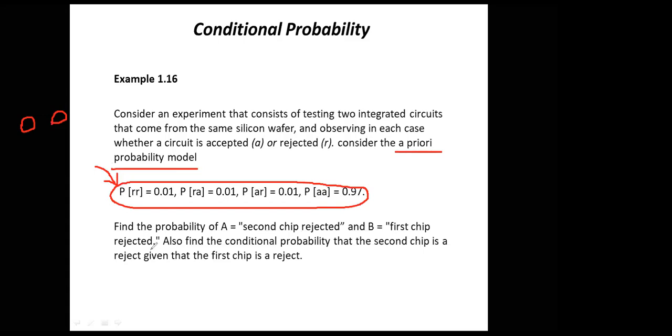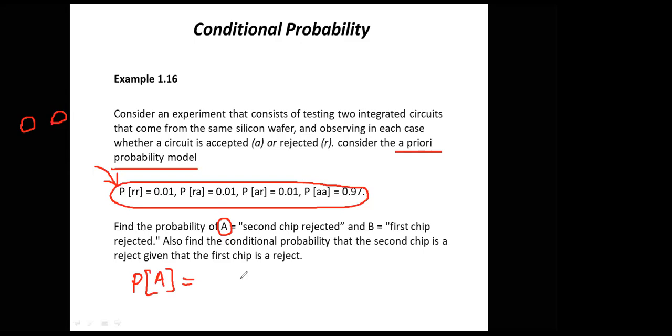But we are having some extra event, like event A, which tells us the second chip is rejected. What about the first chip? I don't know that. So the probability of A is second chip rejected.